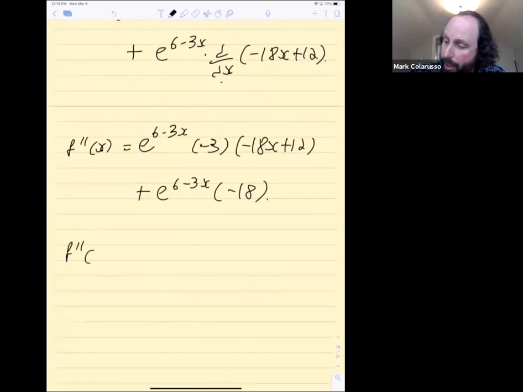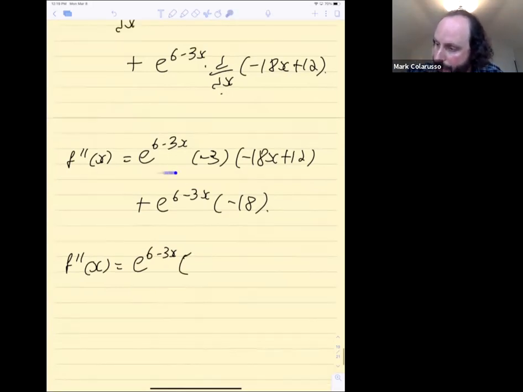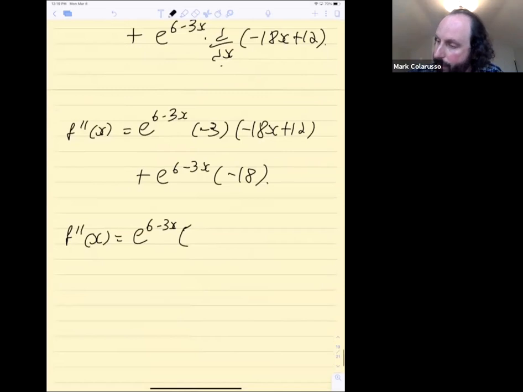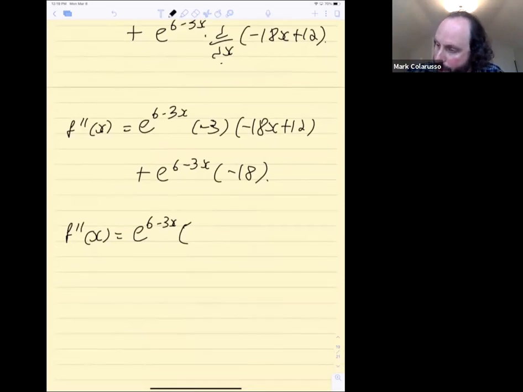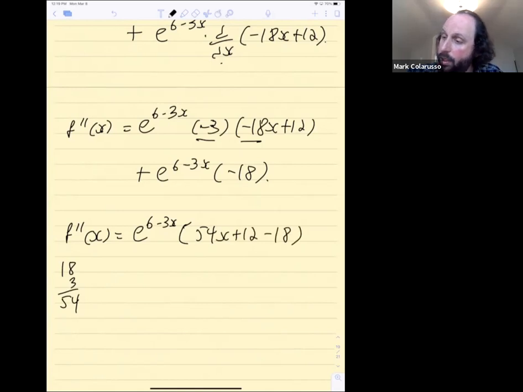So f double prime at x is equal to e to the 6 minus 3x, and I'm factoring out this guy. So you get minus 3 times minus 18, so that is 54. So you get 54x plus 12 minus 18.